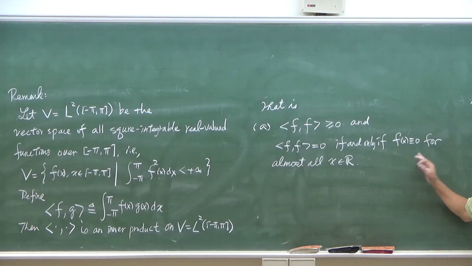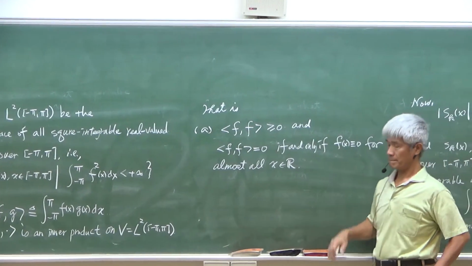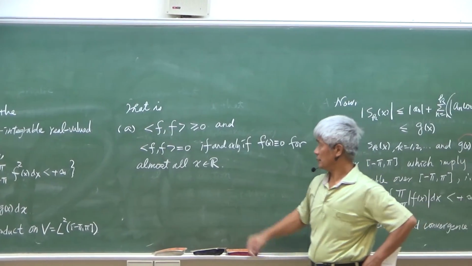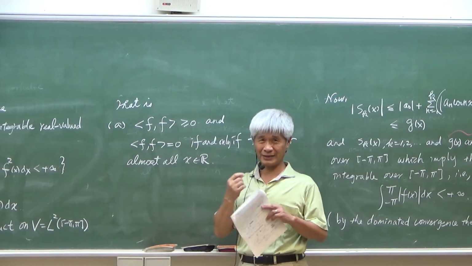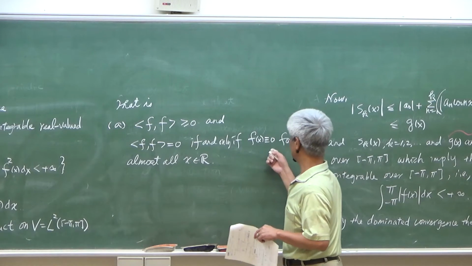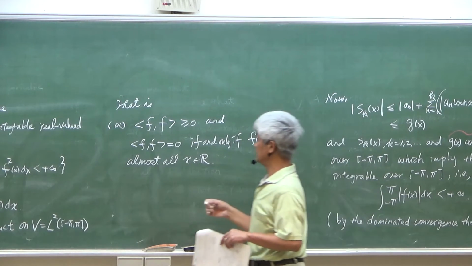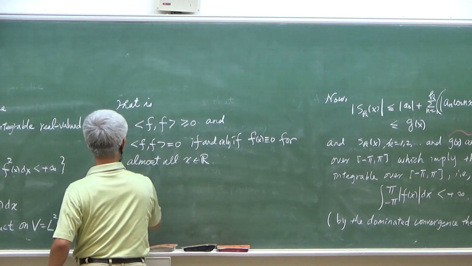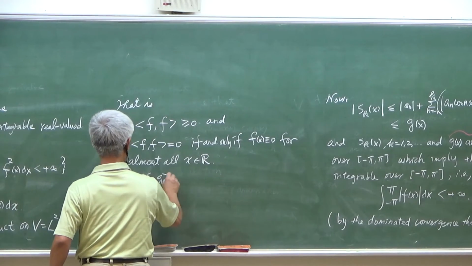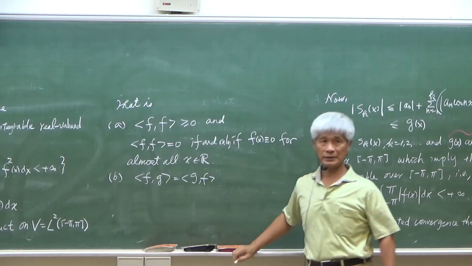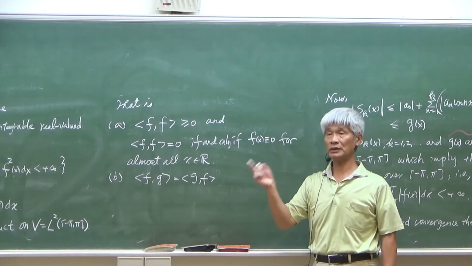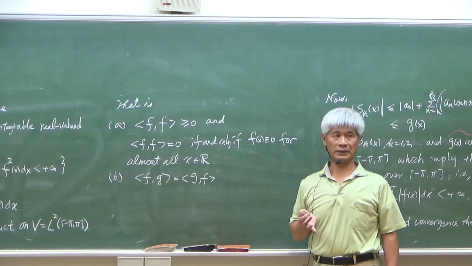So essentially, if the function has inner product with itself equal to 0, then essentially it is 0. B: the inner product is symmetric because we are talking about a real inner product.